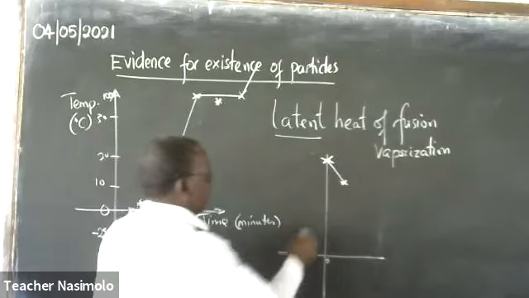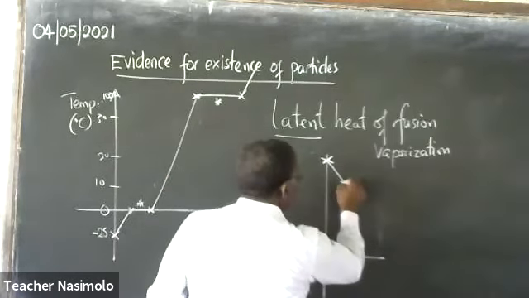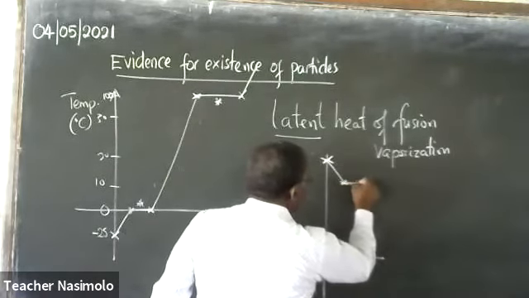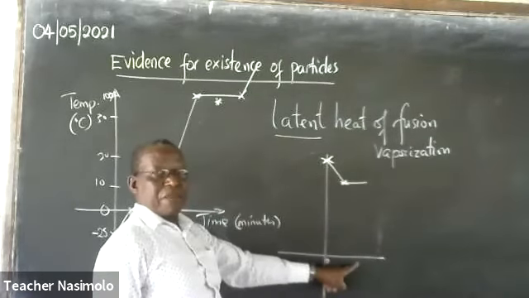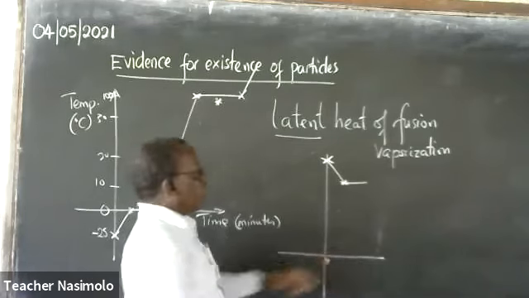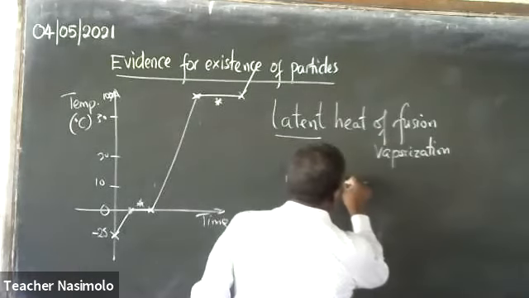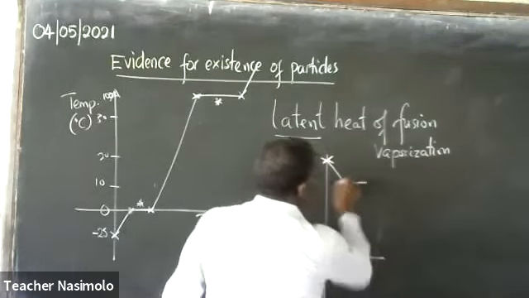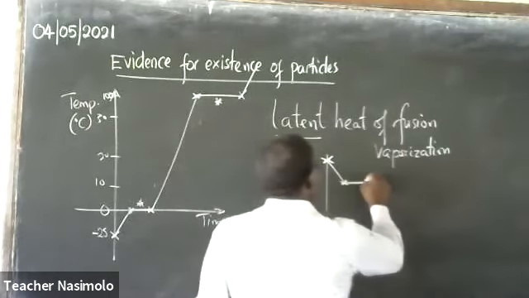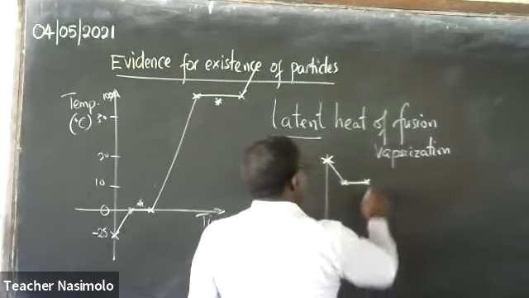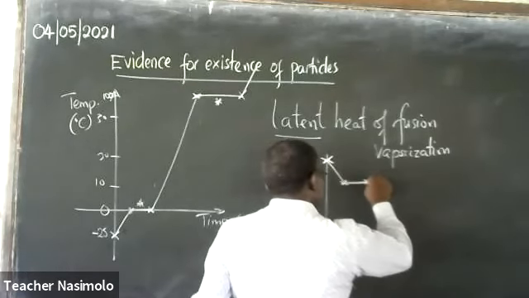So I expected you to again make this one here parallel to the horizontal axis, the time axis, meaning that the temperature remains the same when the steam is turning into the liquid water. Then when all the steam has turned into the liquid water, you will see the temperature again dropping.